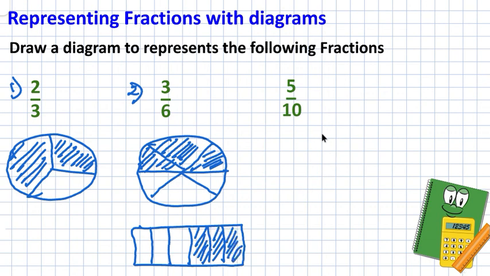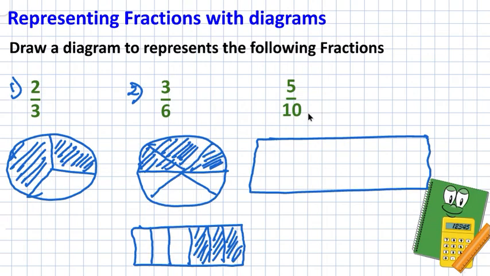So for 5 out of 10, I'm going to use a rectangle this time. So draw a big rectangle. So the total parts this rectangle should be divided into is 10.